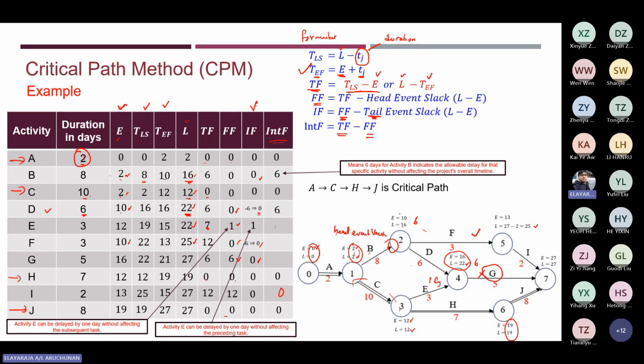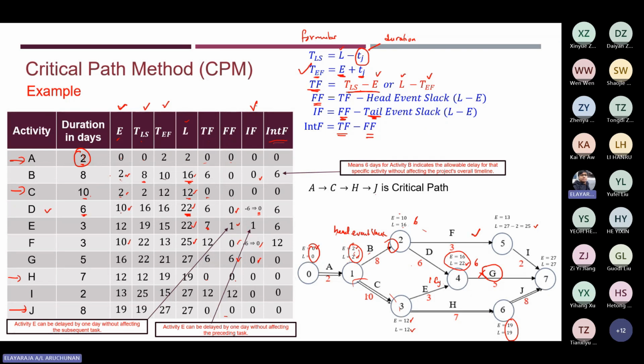So again, for this activity the interference is 6, and for F it is 12, and then G is 0, as well as I being 0.